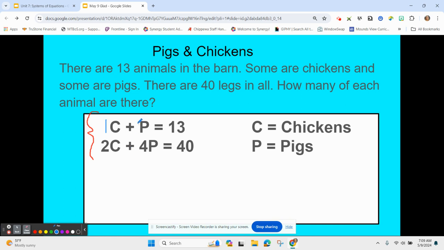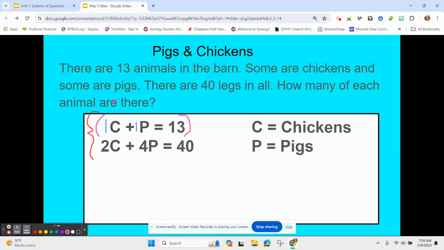For my P's, I've got a 1P and a 4P. And so nothing naturally cancels out, but I can use multiplication to make the number of chickens cancel or make the number of pigs cancel. To do that, I'm going to force multiplication on this equation right here.